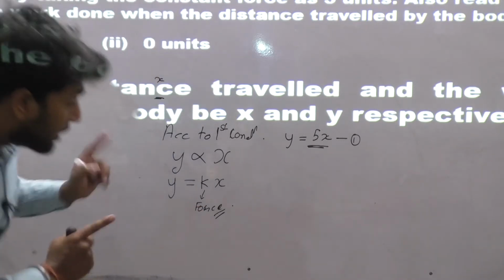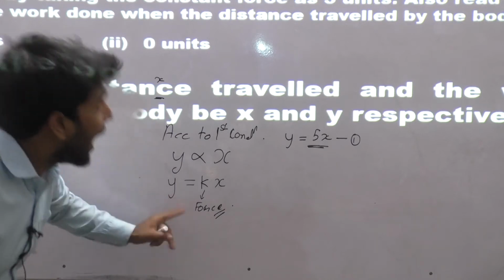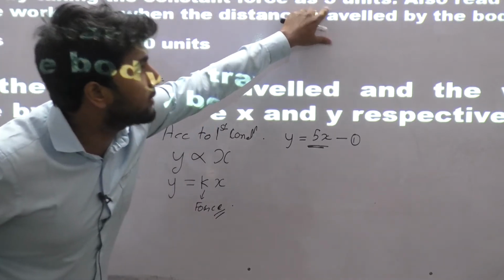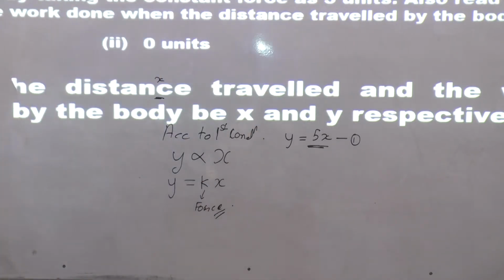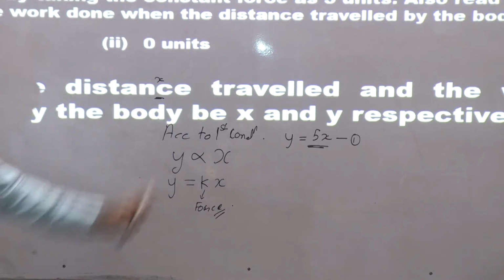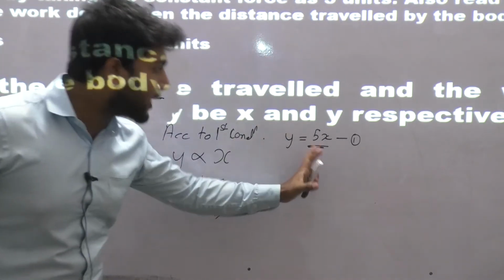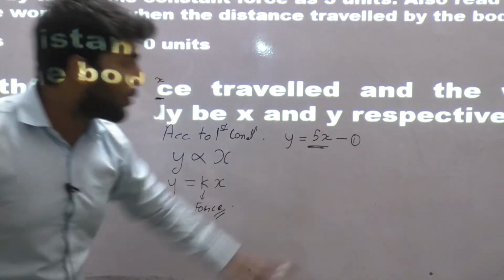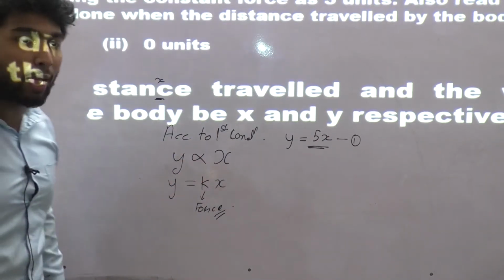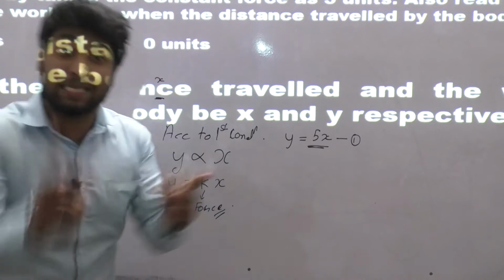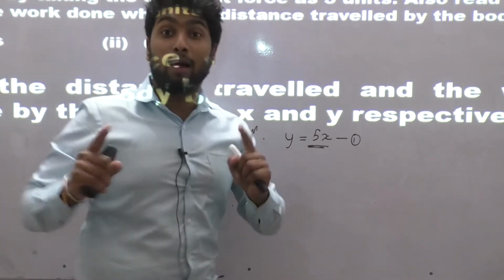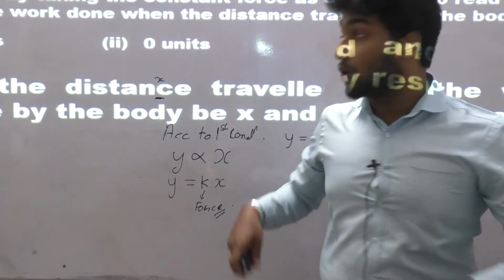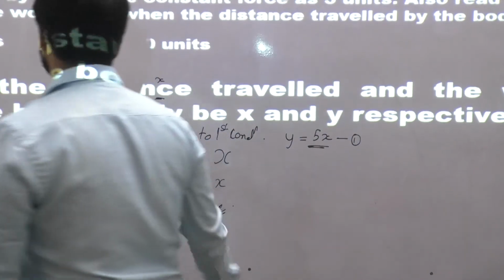And we know that the value of force is assumed as 5 units. So the equation becomes y is equal to 5x, marking this as equation number 1. भाई मेरा linear equation तो हो गया, but now I need to represent this linear equation graphically. So let's represent this linear equation graphically.